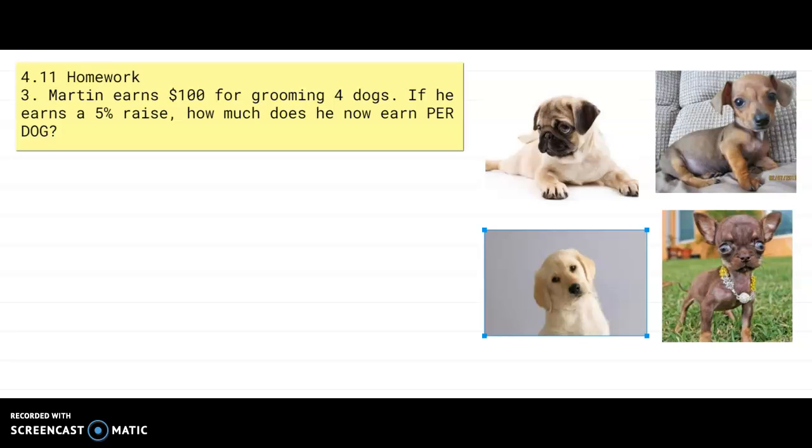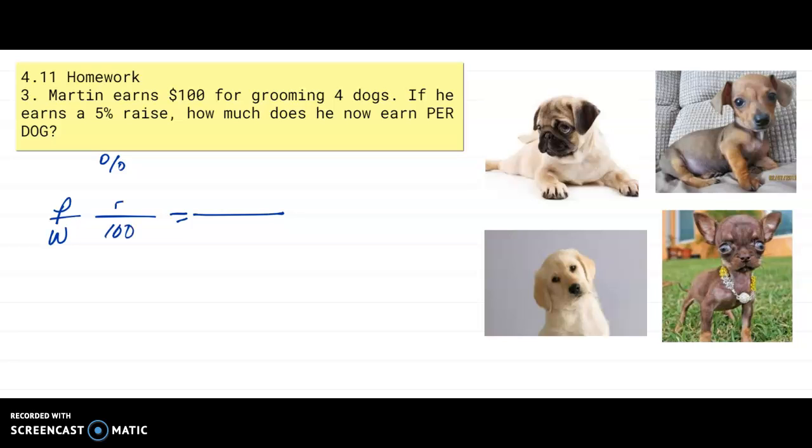So, if he earns $100 for grooming 4 dogs, that means he earns $25 per dog. So I need to find 5% of 25. So I'll set up my proportion for a percent.